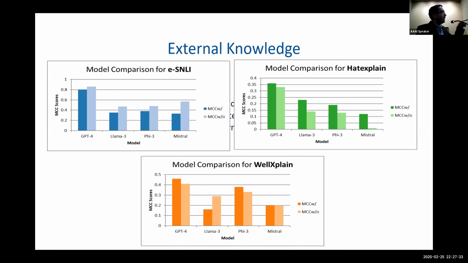But for the HateXplain and WellXplain datasets, which are specific domain datasets, we can see that when we provide the definition in the input, it ends up with a higher MCC than when we don't have the definition.